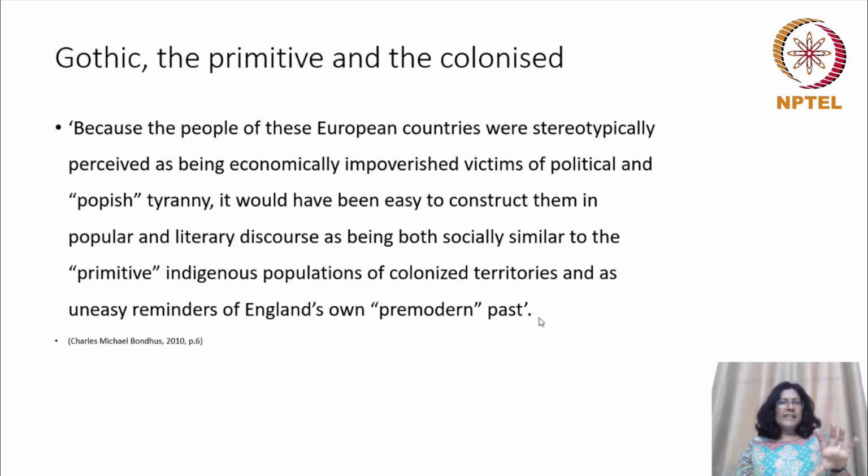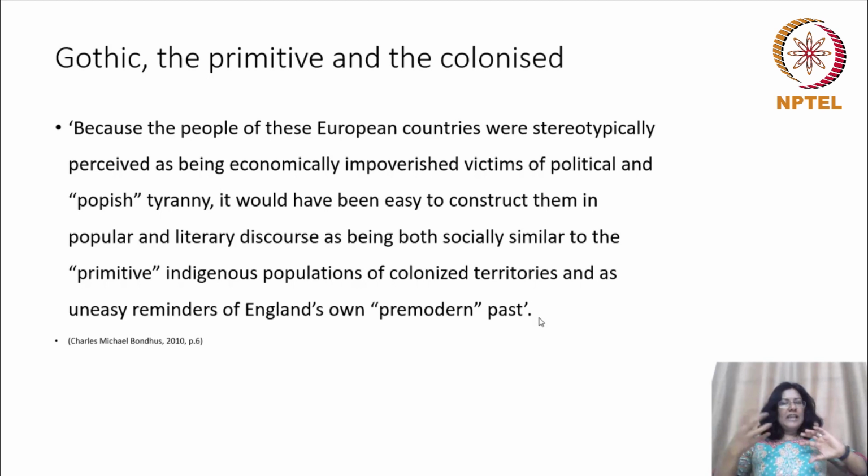Now, if you look at all these Gothic fiction which are set elsewhere, the people of these European countries are represented as economically deprived, generally speaking, and this economic deprivation seems to be caused by the political and popish tyranny of the Catholic institutions. These countries are usually Catholic countries, or the families who are affected are kind of influenced and victimized by Catholic families.